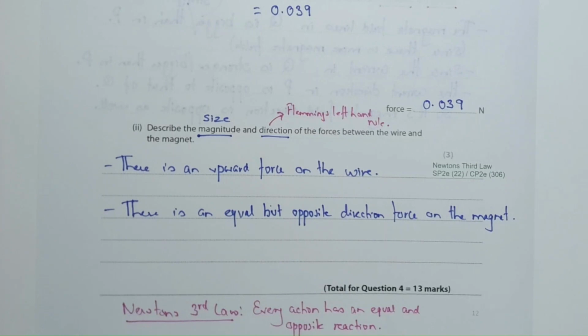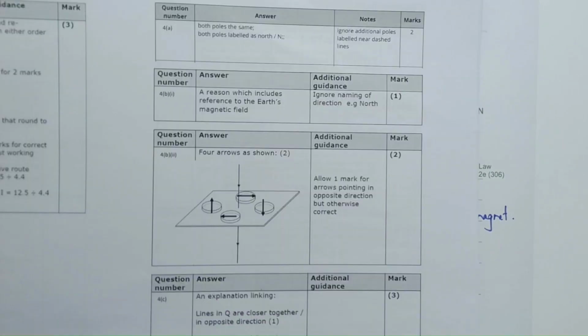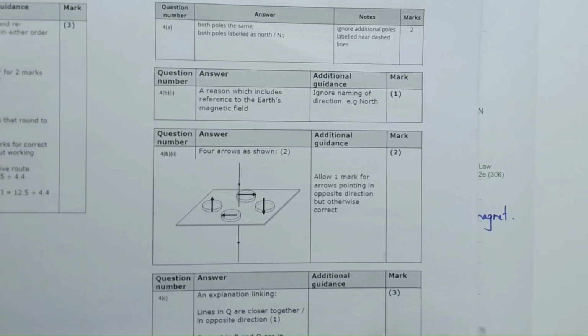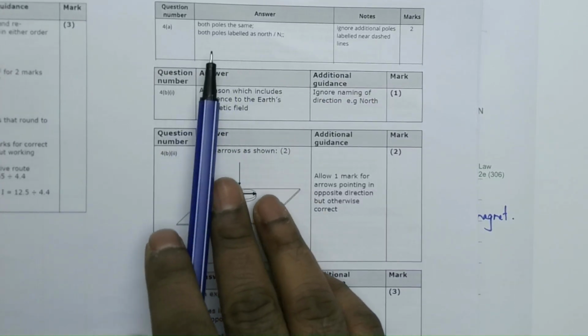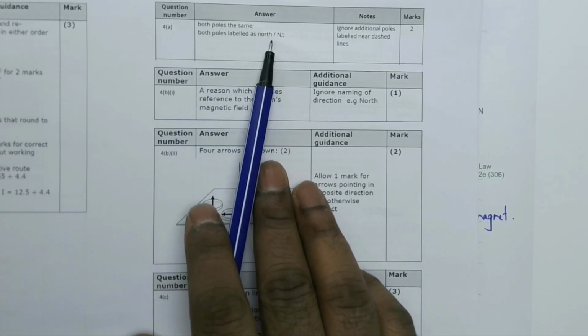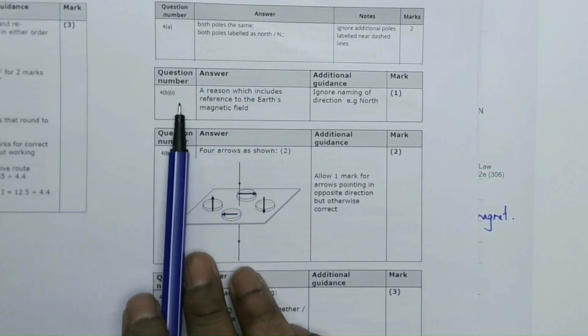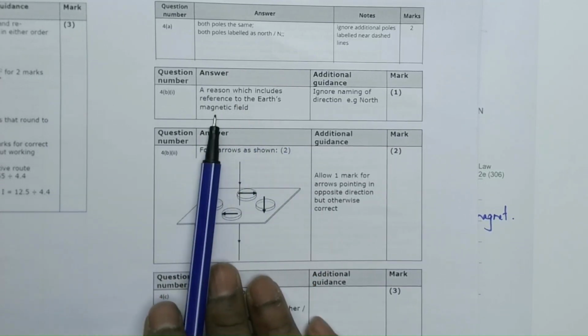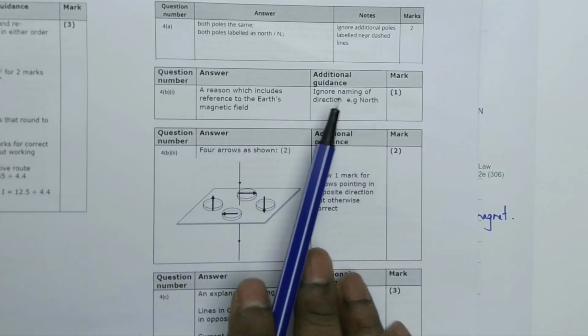So let's have a look at the marking scheme for the entire question. Question 4, part A, both poles should be the same, that's 1 mark. Both poles labeled as north, that's your second mark. And for B, part 1, a reason which includes reference to the Earth's magnetic field. Ignore naming direction of north.